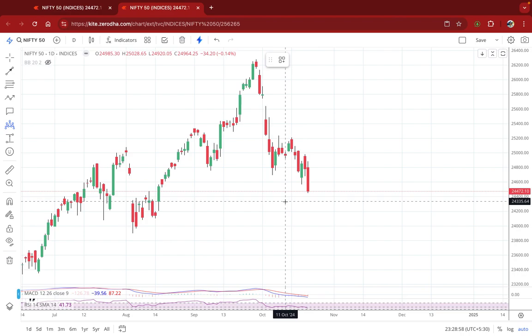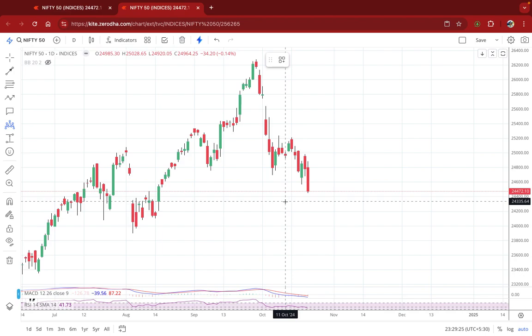We'll see why it is important at this stage, and also we'll go back into history and see some other patterns, the same pattern which has been formed by Nifty in the recent past, and whether or not the patterns were respected, and the targets which were indicated by the chart pattern, whether they were met or not.